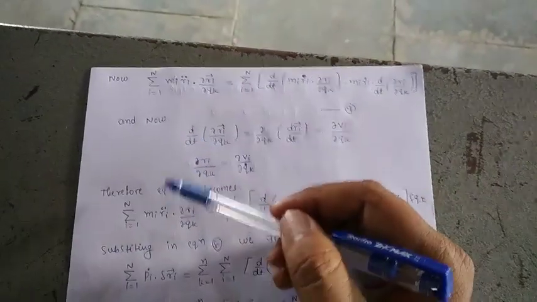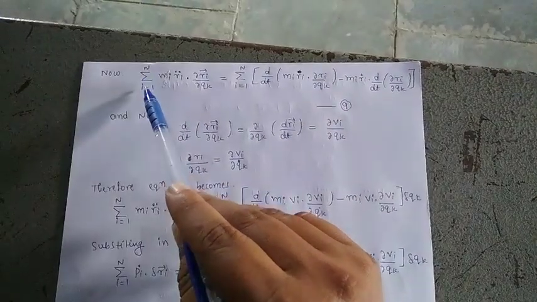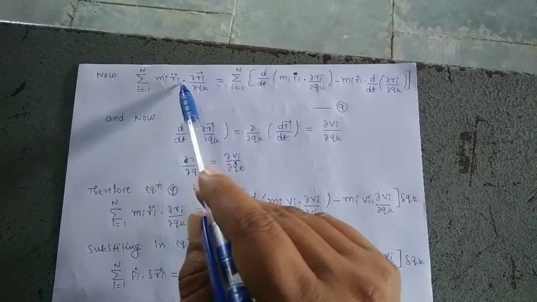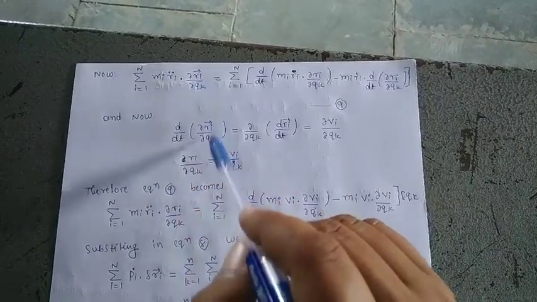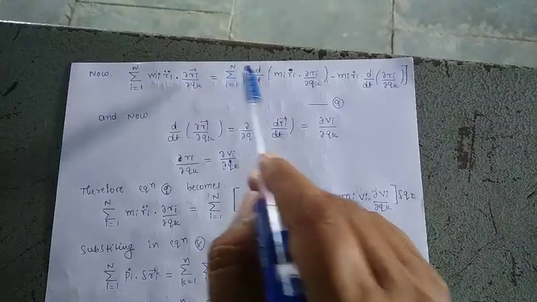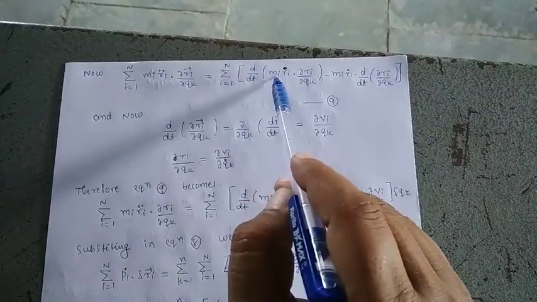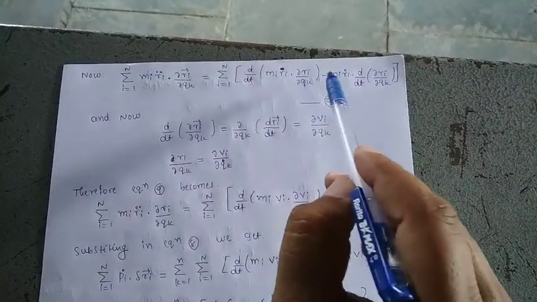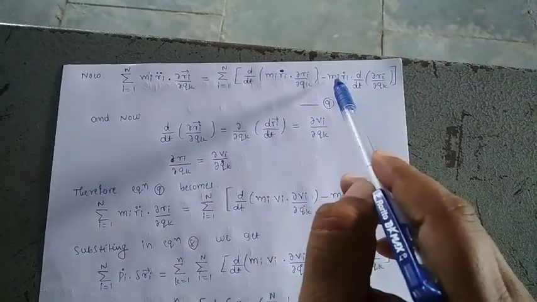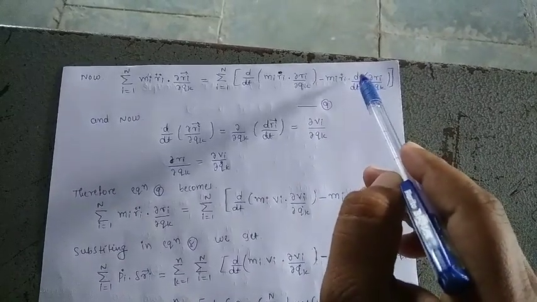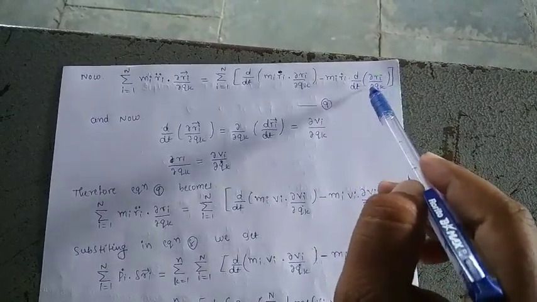Now from equation number 8, consider summation i = 1 to n of mi Ri double dot ∂Ri/∂Qk. This is equal to summation i = 1 to n of d/dt of mi Ri dot into ∂Ri/∂Qk, minus mi Ri dot into d/dt of ∂Ri/∂Qk.